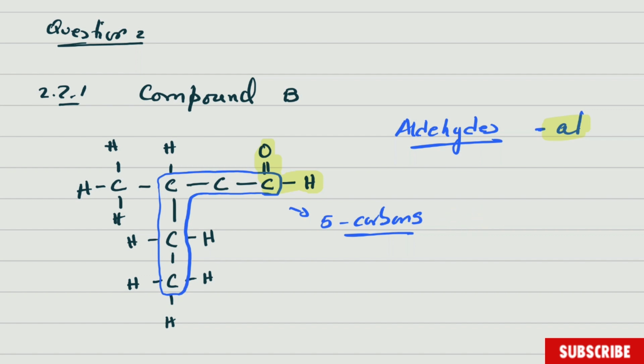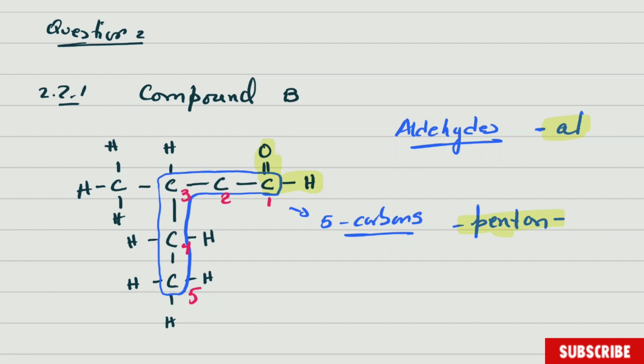Now 5 carbons is going to be pent. But because it's an aldehyde, you're going to write pentan. So it's not just going to be pent, but pentan. This one is the second step. Then you are going to number the carbons starting from the end nearest to the functional group, which in this case is the first carbon. So this is carbon 1, 2, 3, 4, and 5.